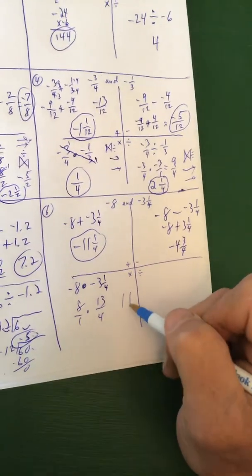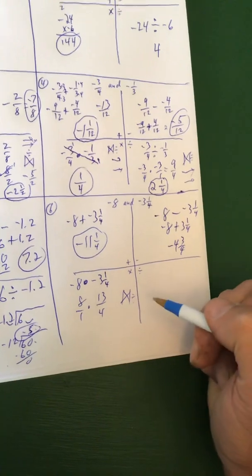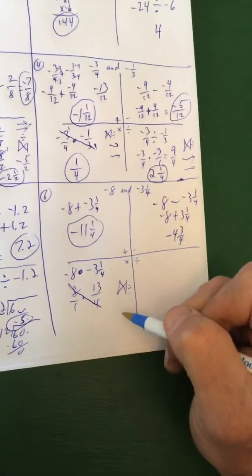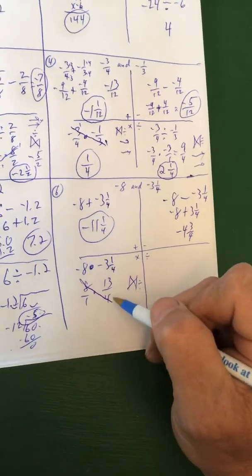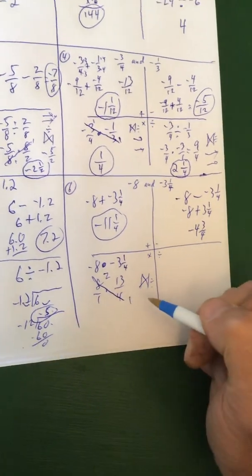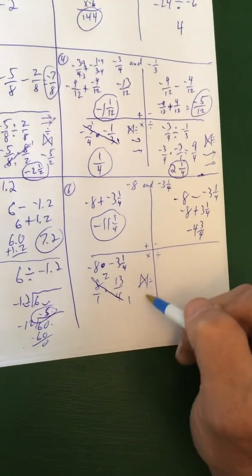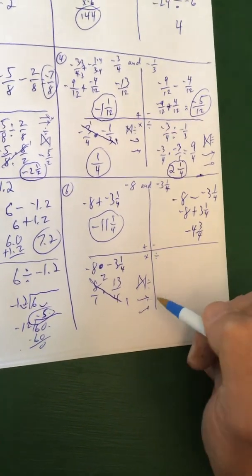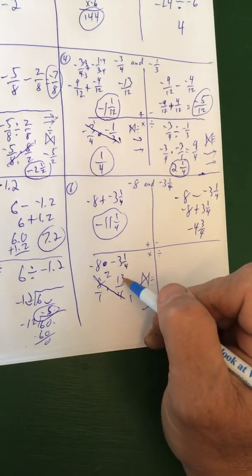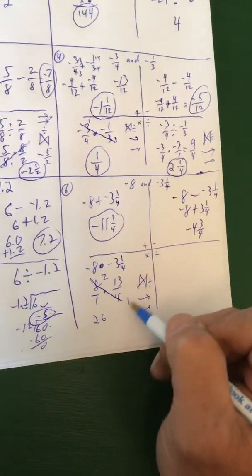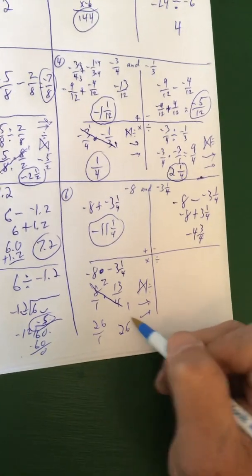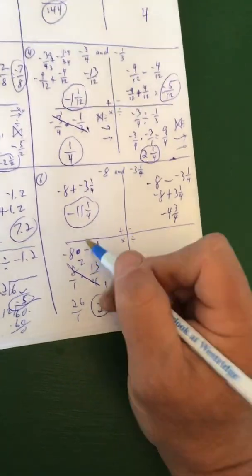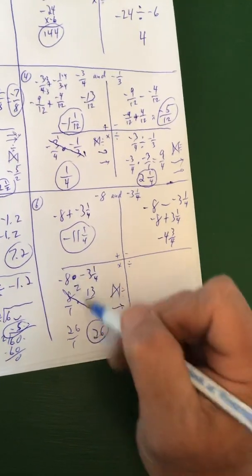And I'm going to do my bow tie, ask my 4 division questions. And here, 8 divided by 4, I can divide both those by 4, that's a 2 and that's a 1. And now I just get to multiply horizontally. 2 times 13 is 26 over 1 times 1 is 1. So my answer is just 26. And remember, because multiplying and dividing signs are the same, your answer is positive.